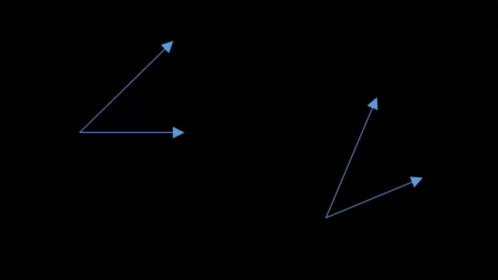Now, there are actually a wide variety of shapes that can be congruent to each other. And it's not just limited to shapes like rectangles and triangles and squares and circles and things of that nature. We can actually have two angles that are congruent to each other. And what that simply means is that we have two angles that have the same measure.